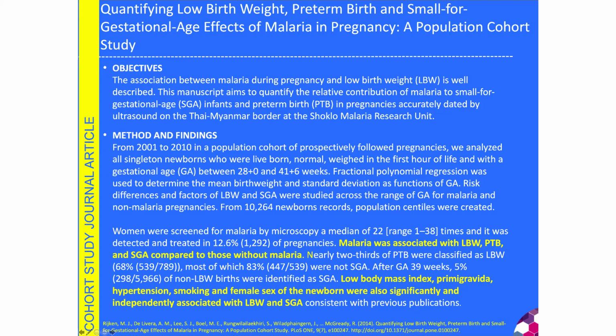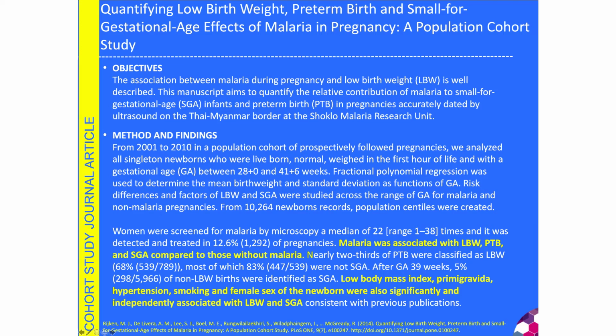From 2001 to 2010, in a population cohort of prospectively followed pregnancies, we analysed all single births where the baby was alive, normal, and weighed in the first hour of life and had a gestational age between 28 weeks and 41 plus 6 weeks.